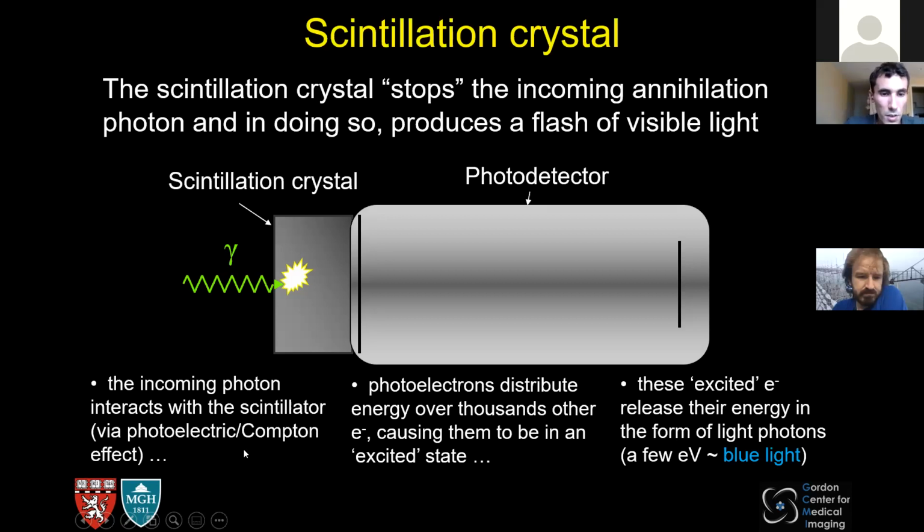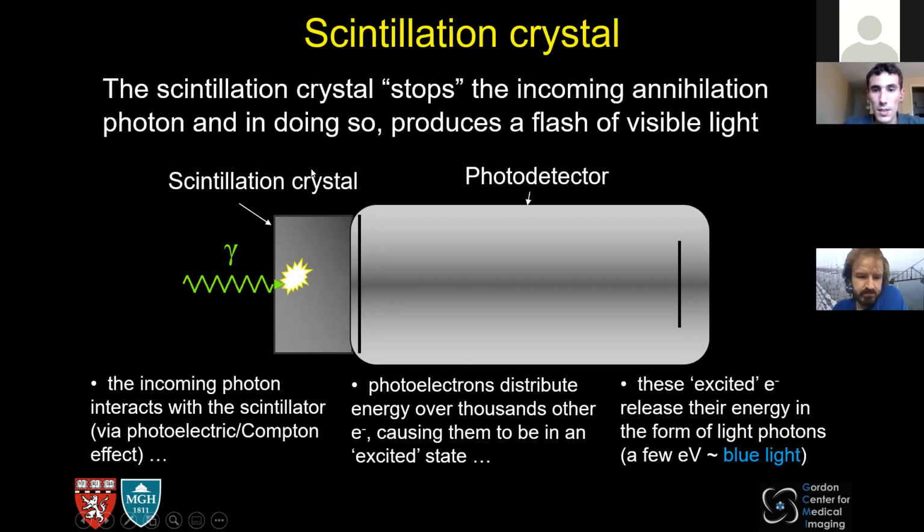As we've seen before, all those interactions are going to lead to electrons that are going to be emitted. Those electrons are going to collide with other electrons of the crystal, exciting those electrons. And then when those electrons go back to their lower energy state, they are going to release their energy in the form of light photons, typically a few electron volts each. So that corresponds to blue light, okay? So a high energy gamma photon becomes thousands of light photons in the scintillation crystal.